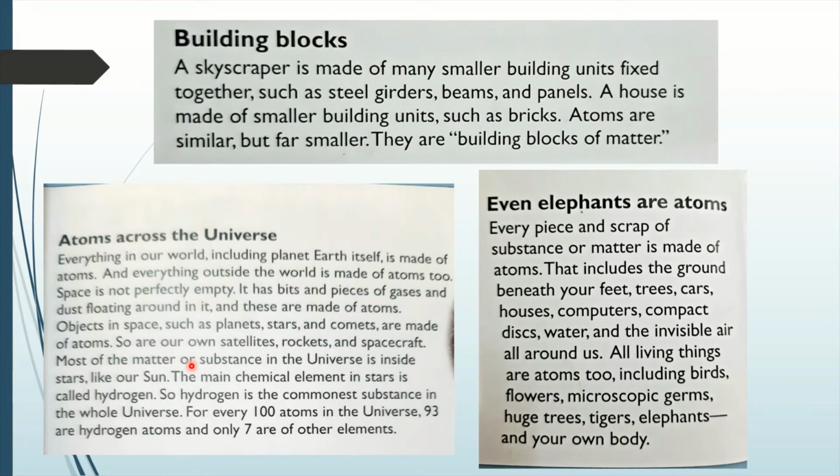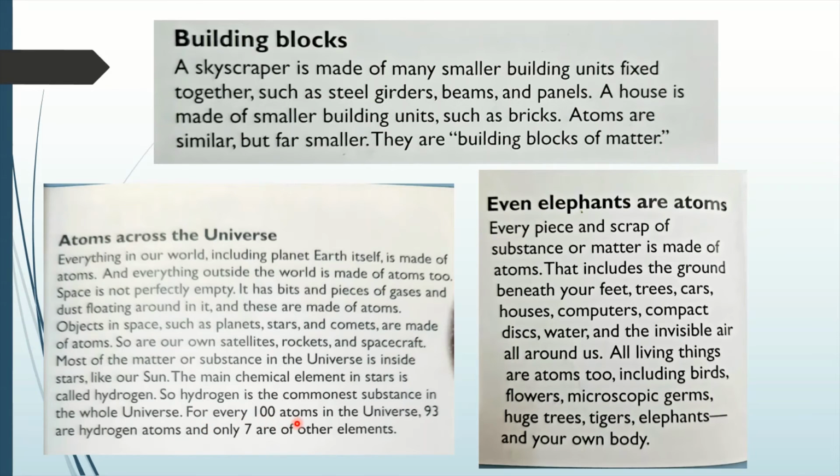Most of the matter in the universe is inside stars like our sun. The main chemical element in stars is hydrogen. So hydrogen is the most common substance in the whole universe.